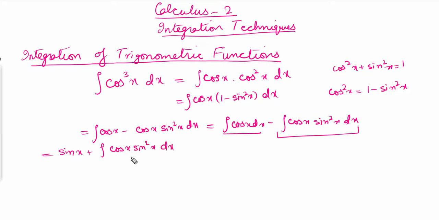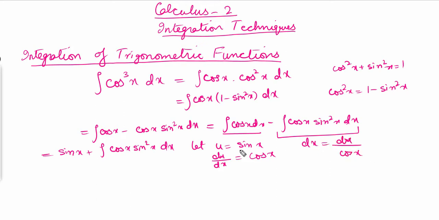For this one, I will say let u is equal to sine x, so that du over dx will become cos x, so that our dx will be equal to du over cos x.